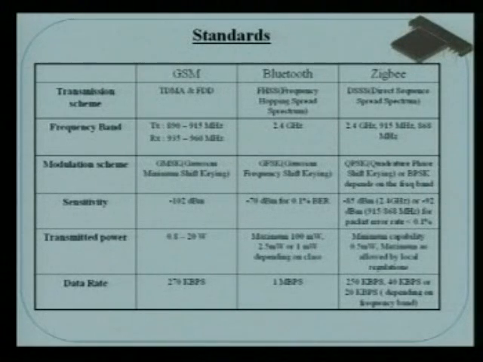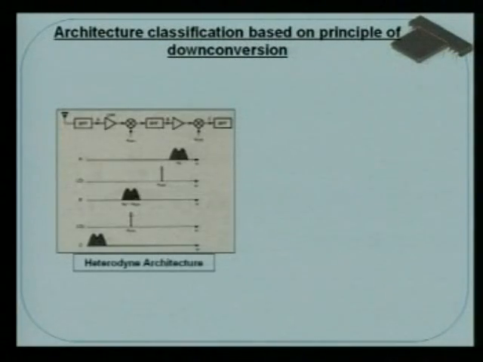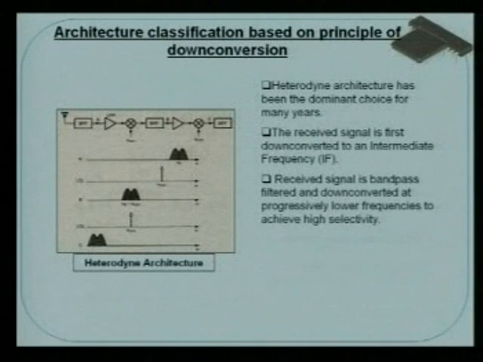ZigBee is very low power. The only concern is that it has a low bit rate, less than 1 Mbps, that is 250 kbps or 20 kbps. But for sensor applications, that kind of bit rate is enough. So I am quickly going through this.